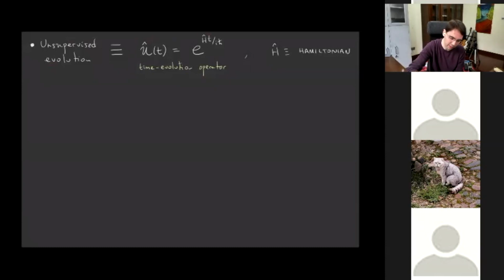And in particular, we will have two alternatives to describe evolution with this time evolution operator. The first alternative is what is known as the Schrodinger picture. The Schrodinger picture is a picture in which the state of the system is evolving.